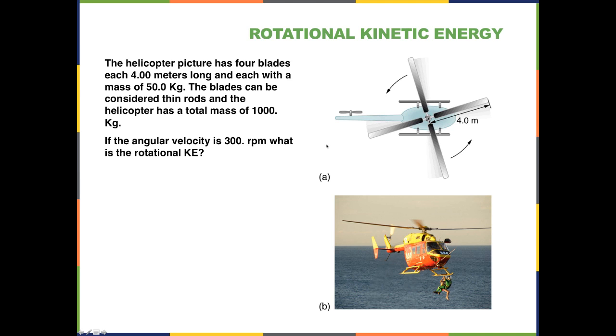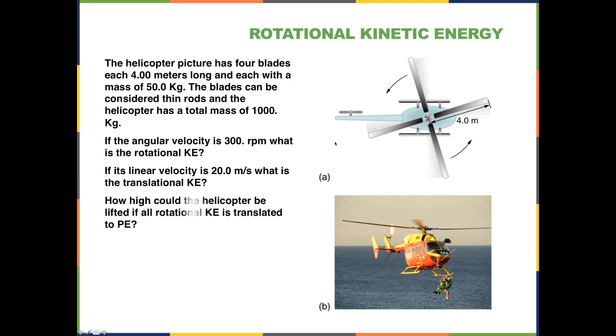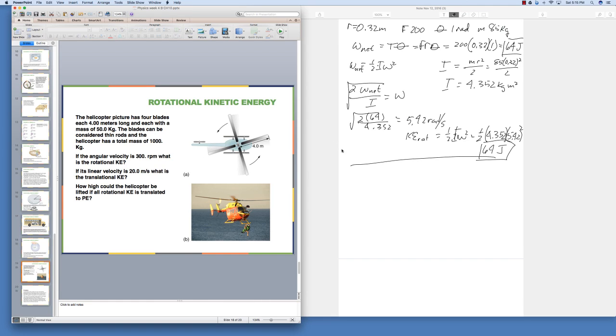So the questions are, if the angular rotation is 300 revolutions per minute, what is the rotational kinetic energy? If the linear velocity is 20 meters per second, what is the translational kinetic energy? How high could the helicopter be lifted if all the rotational kinetic energy were translated into potential energy?